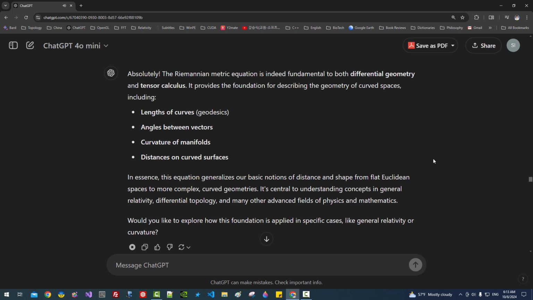In essence, this equation generalizes our basic notions of distance and shape from flat Euclidean spaces to more complex curved geometries. It's central to understanding concepts in general relativity, differential topology, and many other advanced fields of physics and mathematics. Would you like to explore how this foundation is applied in specific cases, like general relativity or curvature?